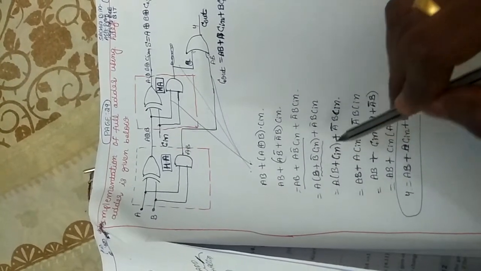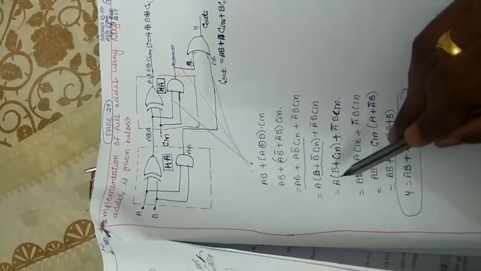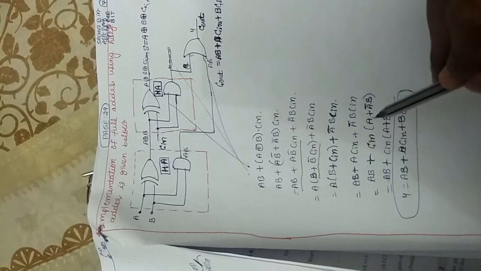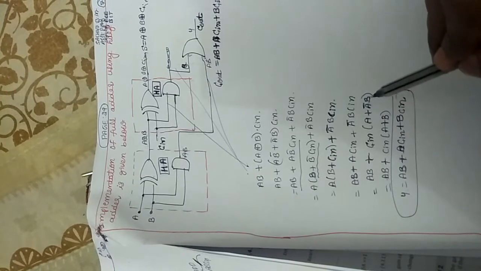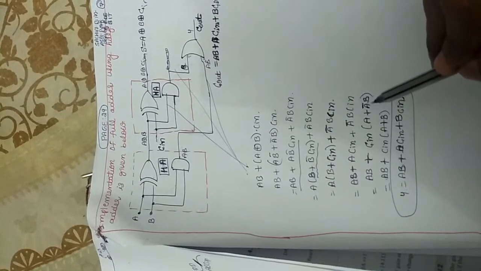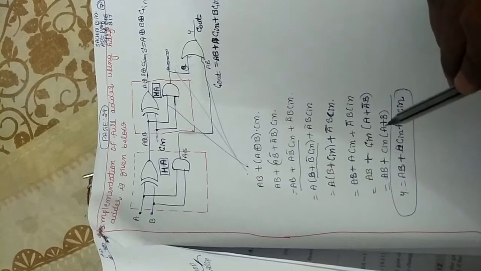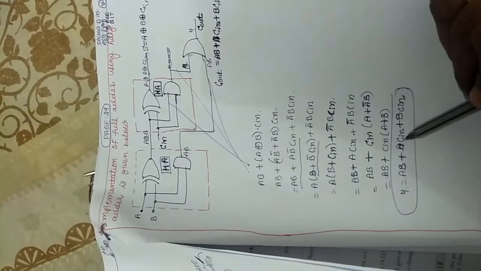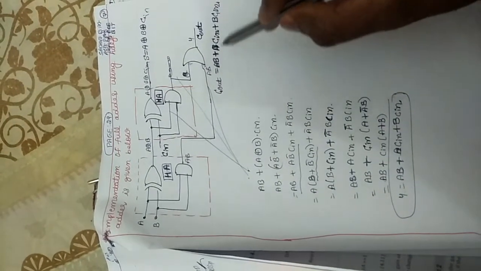You can ignore B bar. Similarly, for A bar B C in, you multiply A inside the bracket: AB plus A C in plus A bar B C in. Here again C in is a common factor: A plus A bar B. If it is in a form similar to this case, you can ignore A bar and write it as A plus B. You multiply with C in and you get A C in plus B C in. At the end you get the carry out expression.